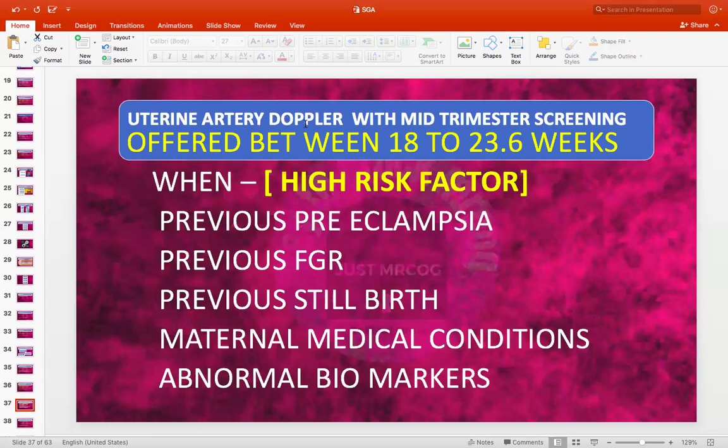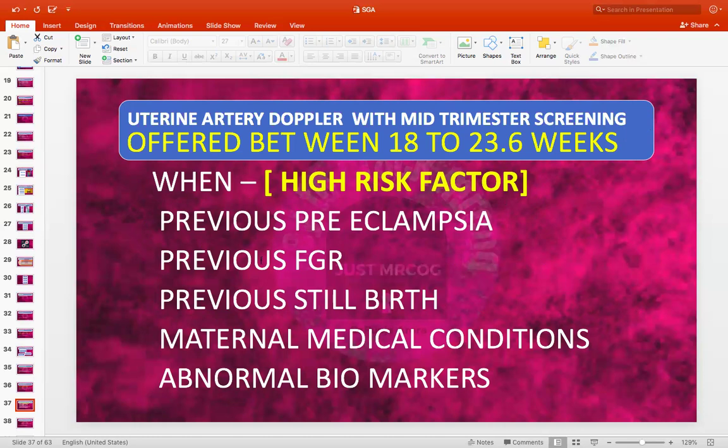Now, when do we offer uterine artery Doppler with mid-trimester screening? When our patient has a high risk factor for SGA or FGR, we always offer uterine artery Doppler with mid-trimester screening.